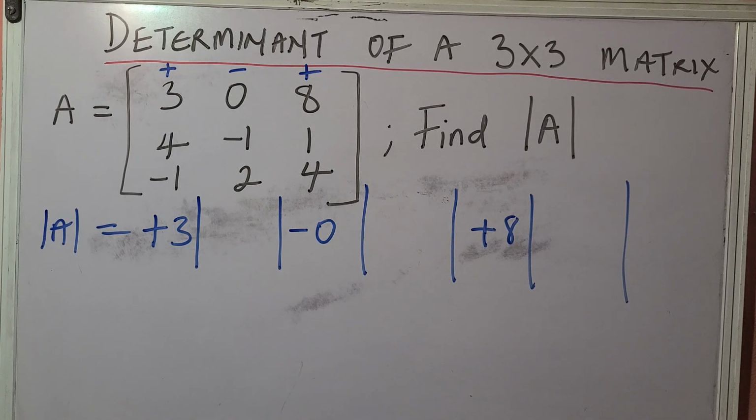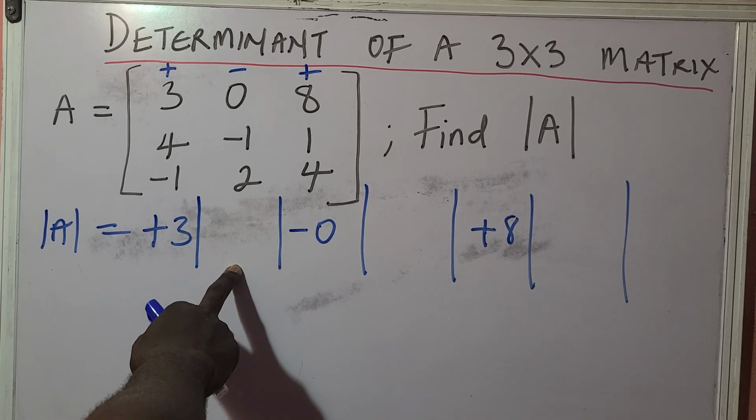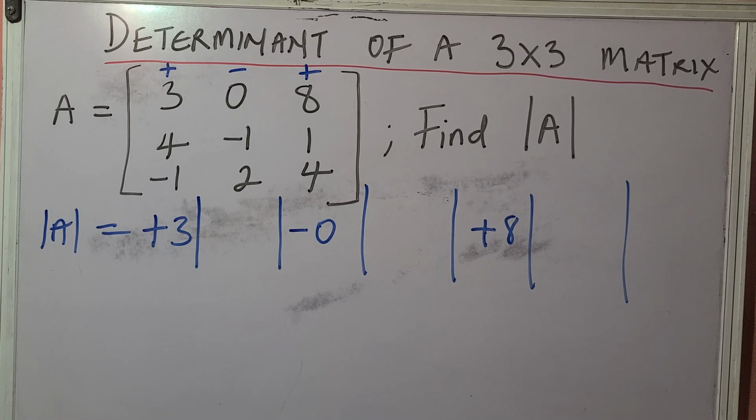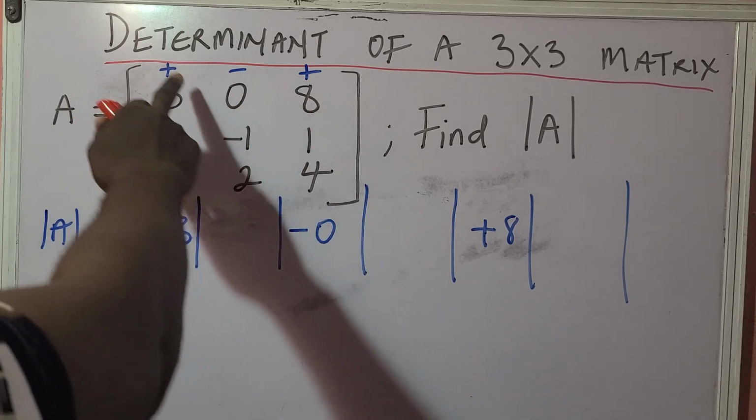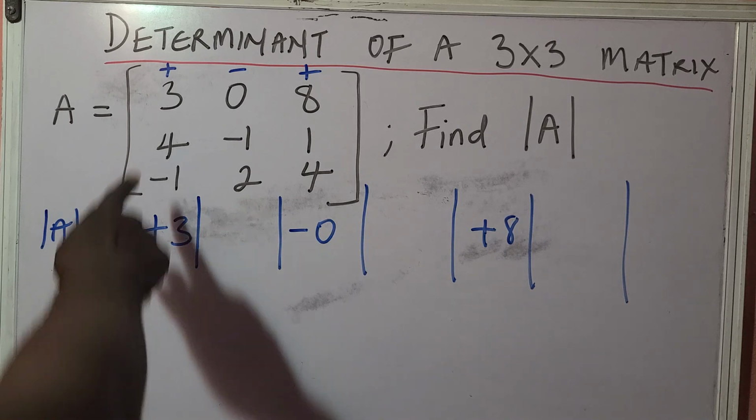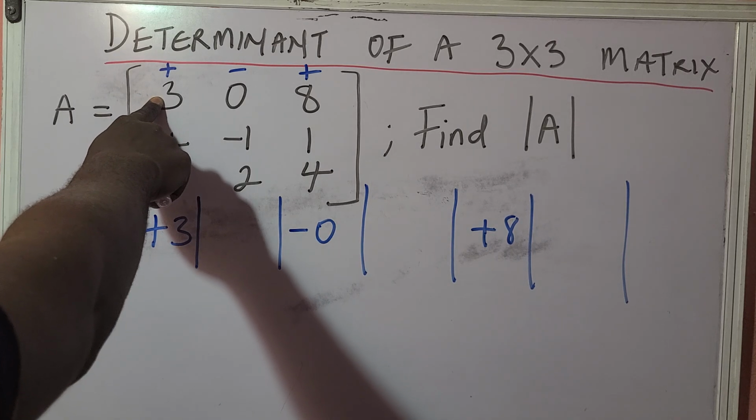So the procedure to fill in this with the 2 by 2 matrix is as follows. You can see clearly that this plus 3 is coming from row 1, column 1. This plus 3 rests on row 1, column 1.